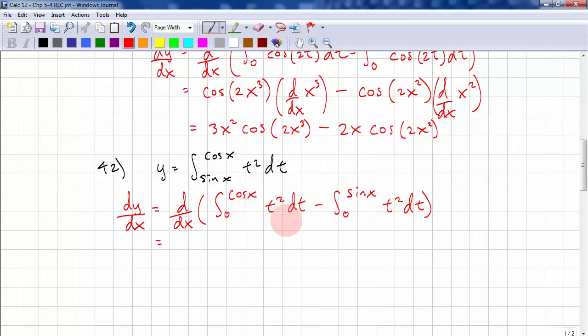Okay, we just substitute cos x for t, so this is cos squared x, and we need to use the chain rule, d/dx of cos x.